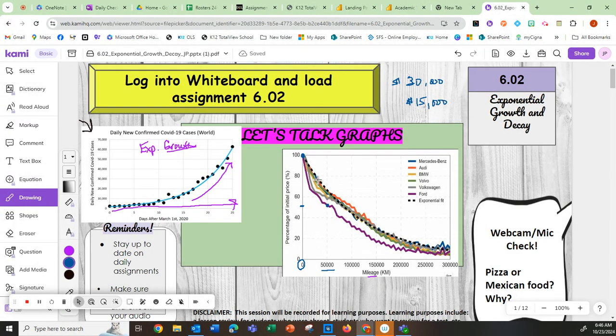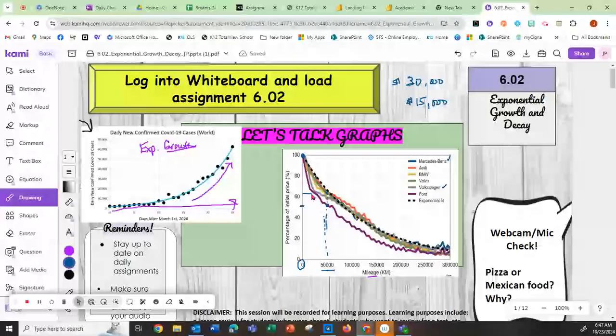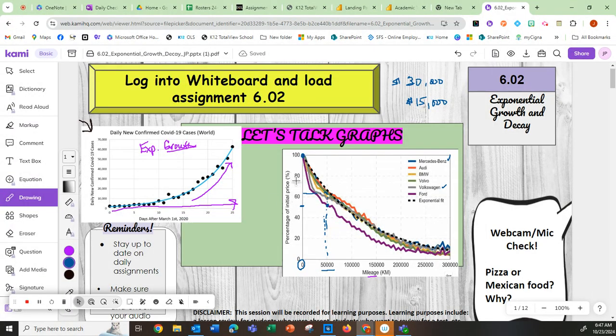The highest line kind of looks like the gray, the Volkswagen. Let me go to 50,000. Yeah, the gray and the blue look like the highest. So at 50,000 miles, the Mercedes-Benz and the Volkswagen are holding about 62% of their value.